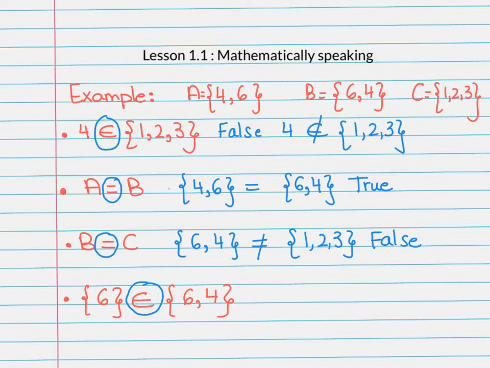But here I have a set with a set. So this statement is 100% false. I cannot use the symbol belong. And because 6 here is found in the other one, I should replace the symbol by subset.